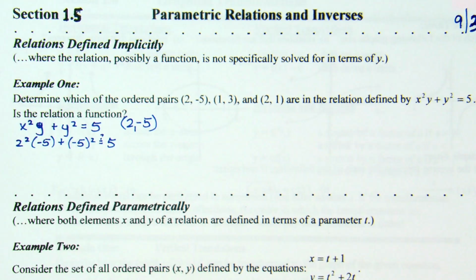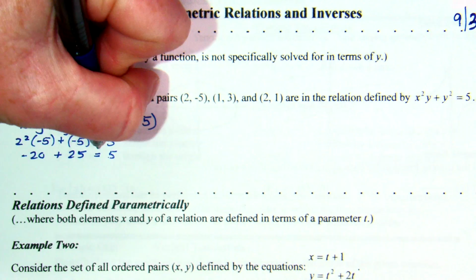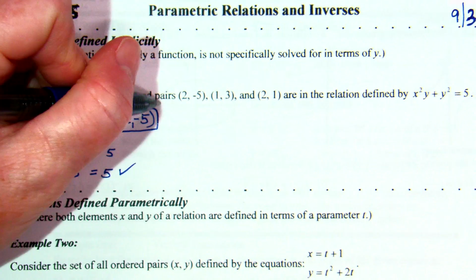Negative 20. Plus, what's negative 5 squared? Positive 25. Negative 20 plus 25 is what? 5. Does 5 equal 5? Well, yes. It does. So what's that mean about 2, negative 5? It is in the relation. We don't know if it's a function right now, but it's a relation because it's a set of ordered pairs.